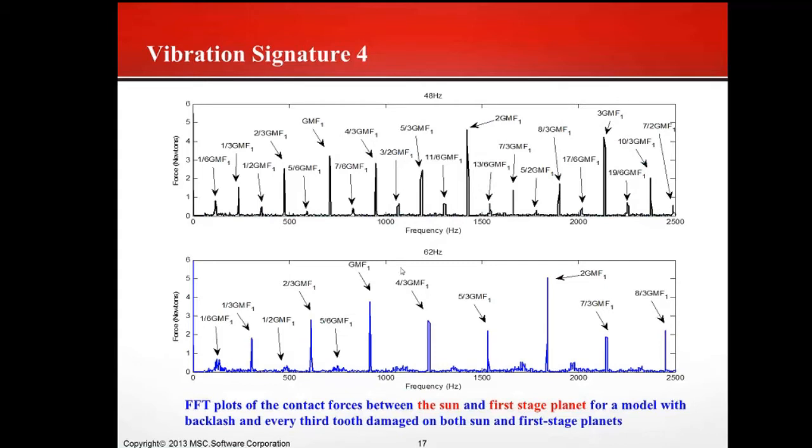Now we show the results between the sun and the first stage planet. If you look at the vibration pattern, you see the 1/6 gear mesh frequency show up, and the subsynchronous and super synchronous vibration patterns still show up.